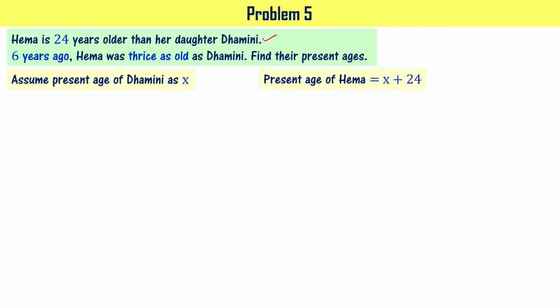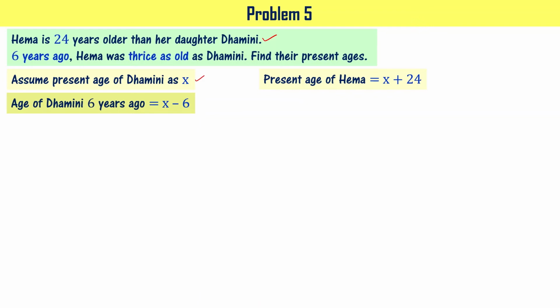Today, if Damini's age is X, then 6 years ago, Damini's age is going to be X minus 6, right? Similarly, 6 years ago, you can find the age of Hema also.